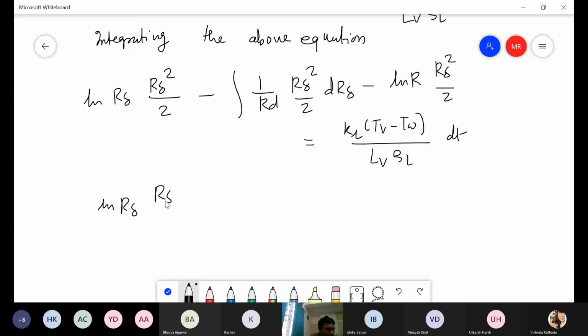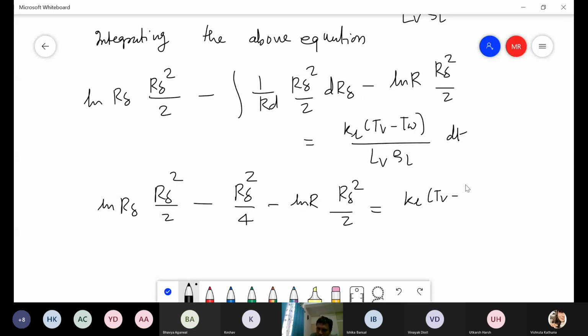The integration of the second term comes out to be r delta square by 4, and the third term obtained is ln r into r delta square by 2, and this equals k L (T v minus T w) by L v rho L t plus C. Okay, is it all right?